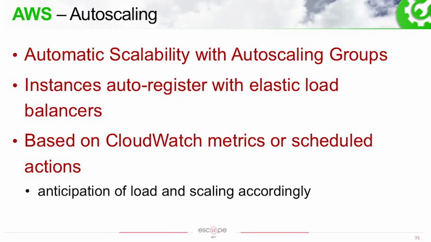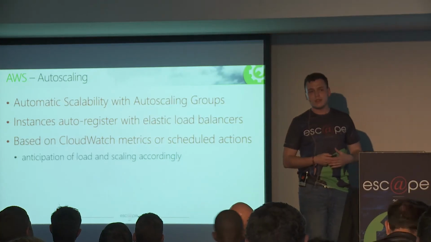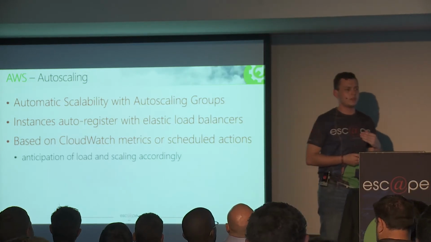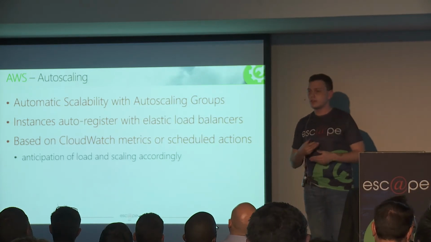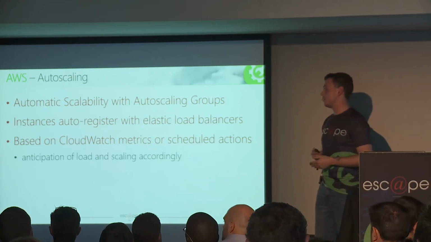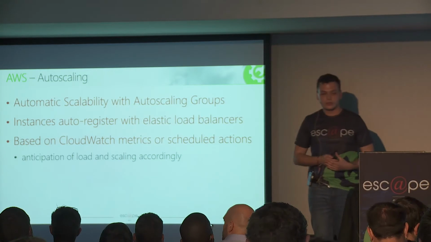I can do this automatically as well, based on what is called CloudWatch metrics, which is essentially the monitoring service that AWS provides. But it's actually quite powerful. You don't now only look at memory and CPU. You can look at the amount of requests. You can look at the bandwidth that is used.